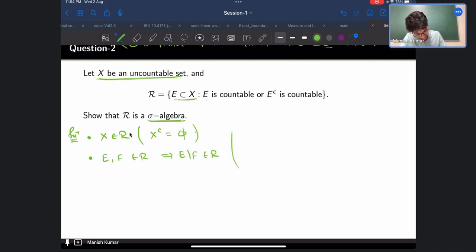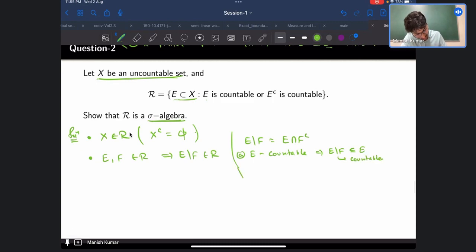So E minus F is nothing but E intersection F complement. If E is countable, consider the case when E is countable. In that case, E minus F is subset of E, so this is countable.